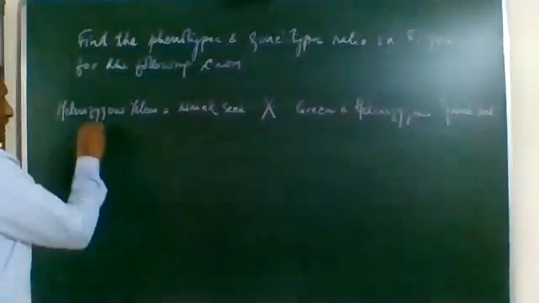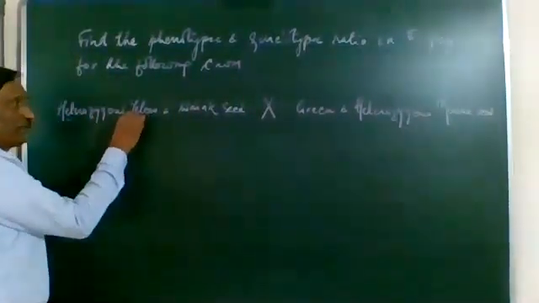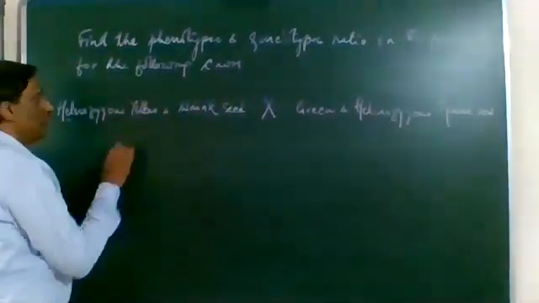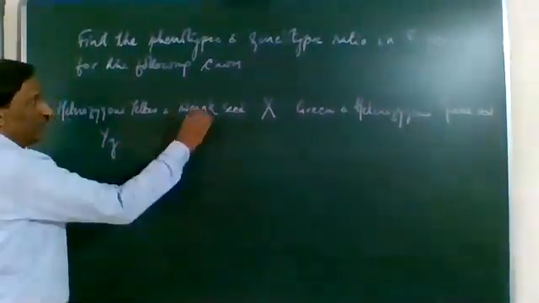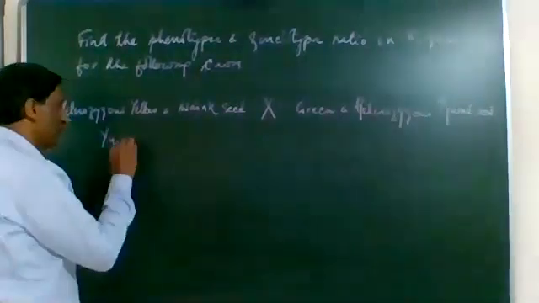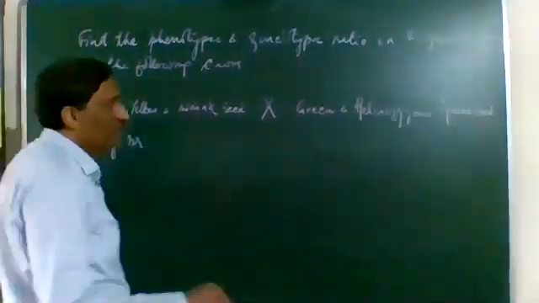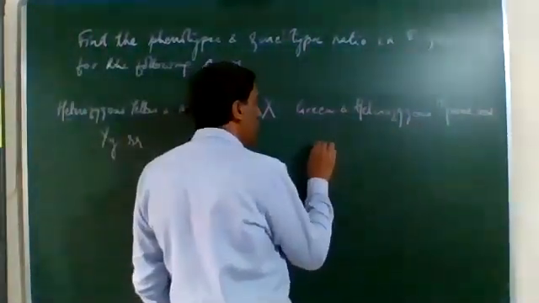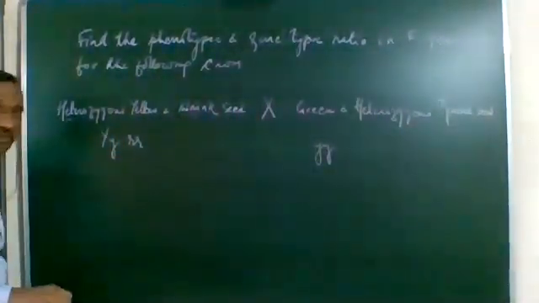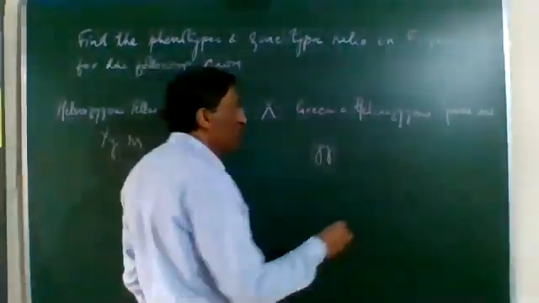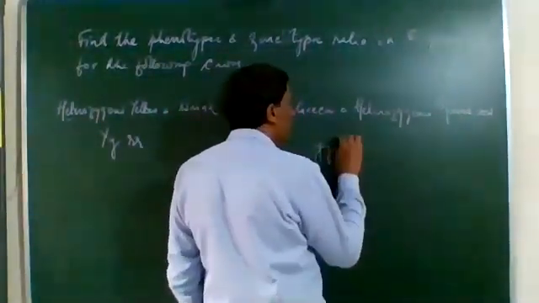So again, heterozygous yellow, yellow is dominant, so it will be like this. Wrinkled is recessive, so it will be like this. Green is recessive to yellow, so that will be represented by small y, small y. And heterozygous round, capital R, small r.